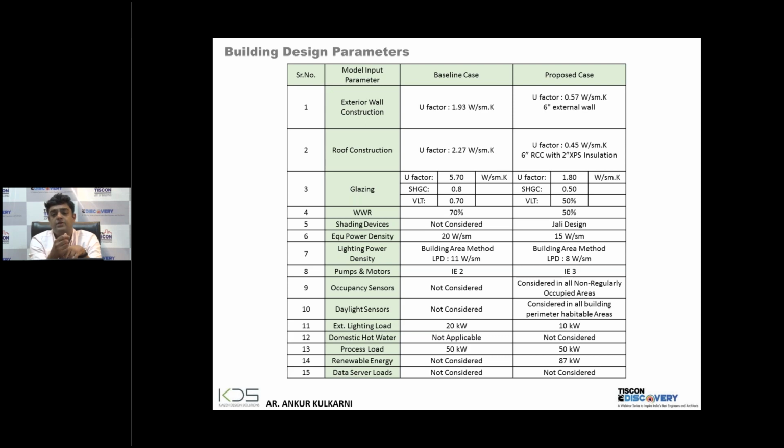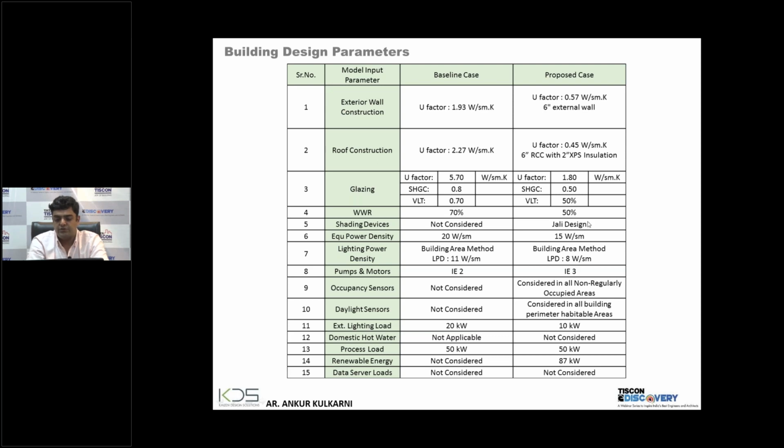SHGC is also 50 because more clear, more light will come in. And at the same time, we have our outer skin jali facade, which will reduce our heat gain. That's the reason we have been able to use the clear glass, because in front of it otherwise it would have been a dark tint and our VLT would have dropped.